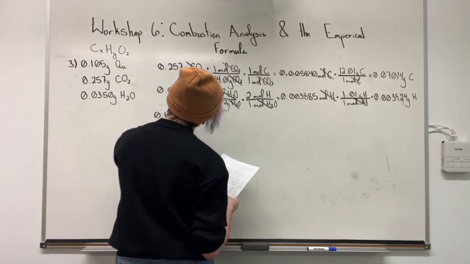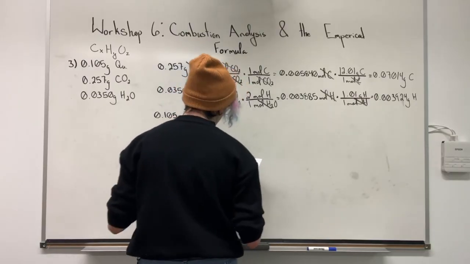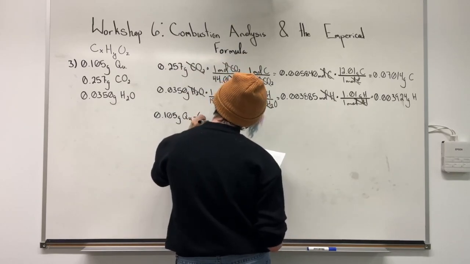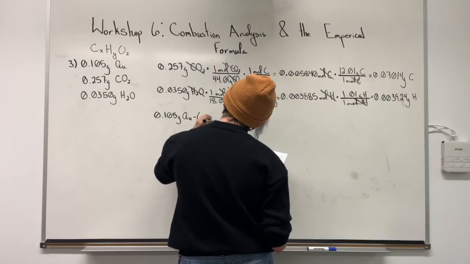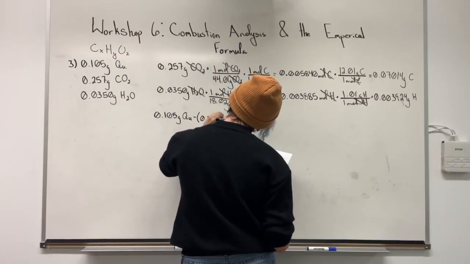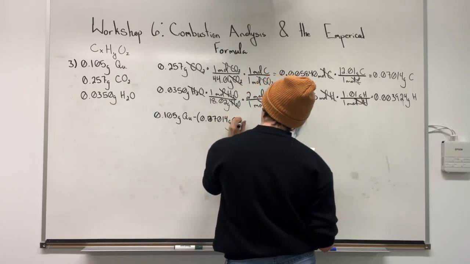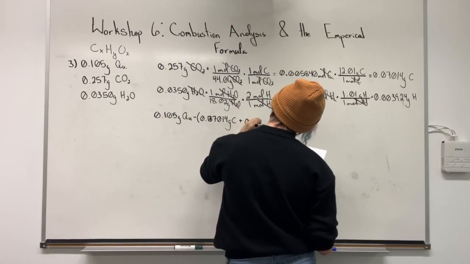So now we can take the mass of our original 0.105 grams of our sample, and we subtract the mass of our carbon and the mass of our hydrogen.